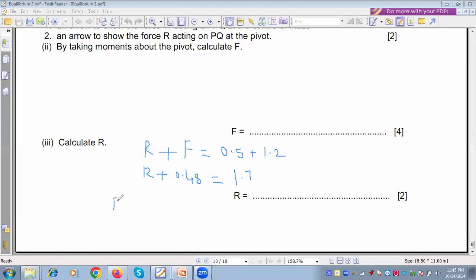So R is 1.7 minus 0.48, which gives me 1.22 Newton. In two significant figures, this will be simply 1.2 Newton.